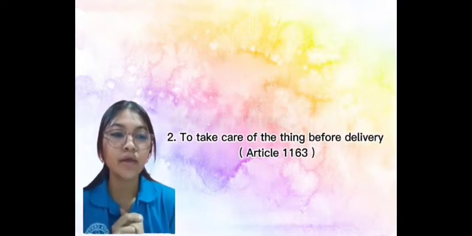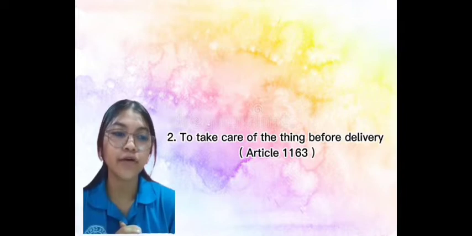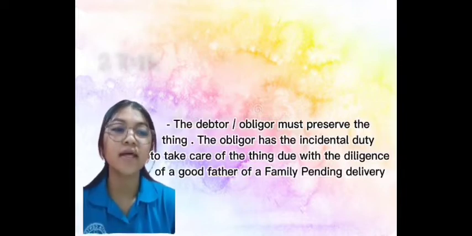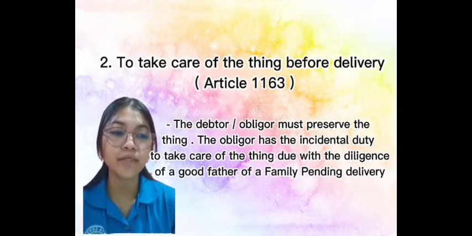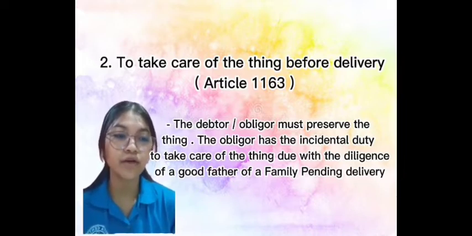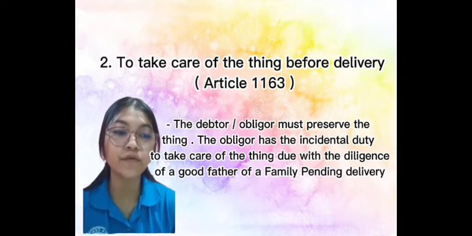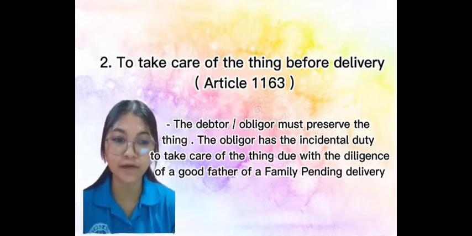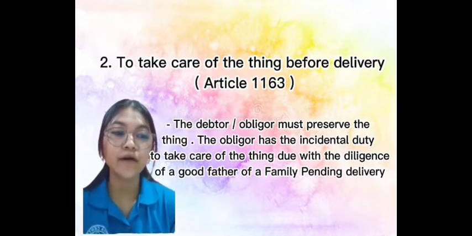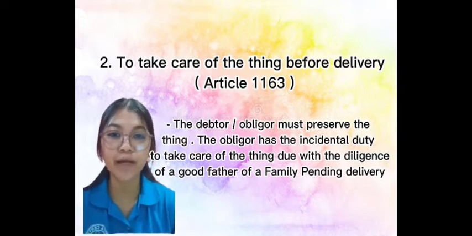Number 2, to take care of the thing before delivery, or Article 1163. The debtor or obligor must preserve the thing. The obligor has the incidental duty to take care of the thing due with the diligence of a good father of a family pending delivery. The phrase has been equated with ordinary care, or that diligence which an average person exercises over his property.